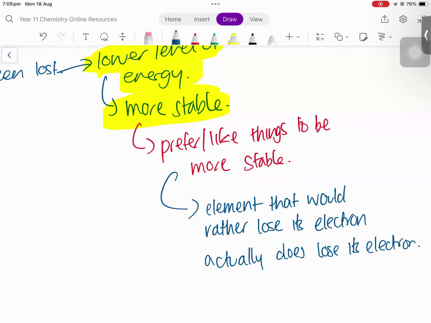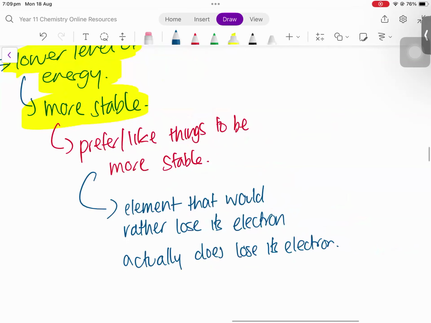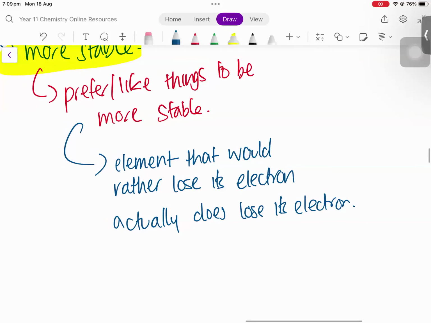This is the situation that's going on here. We said exothermic, more stable, doing something you like to do. So the answer to our question, like I said, it could be concentration, it could be collisions, whatever. In this case, they happen to be talking about losing electrons. The one that's more exothermic, the one that's stable, has to be the element that would rather lose its electron actually does lose its electron. It's doing what it wants to do.